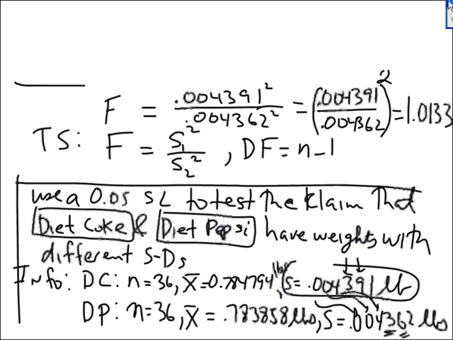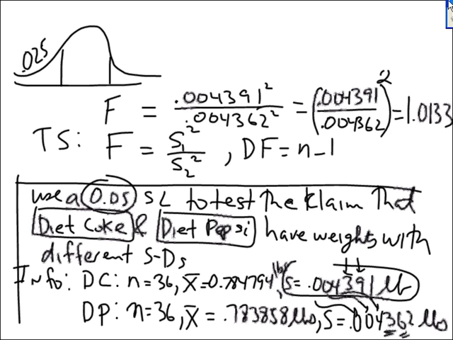And before we go there, we have our two-tailed test and we have 5% for the tails, so 0.025 for the left tail, 0.025 for the right tail. Now we need to go to the F table. The F table just talks about the sample sizes.